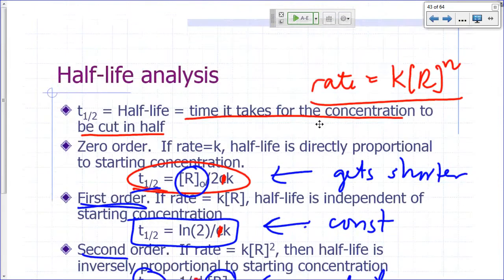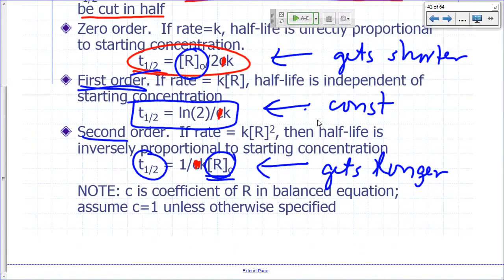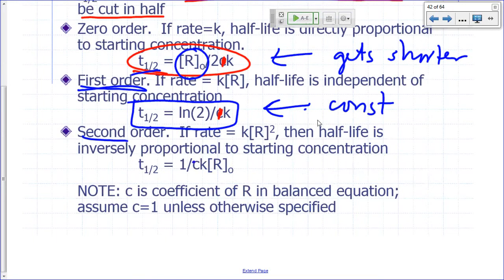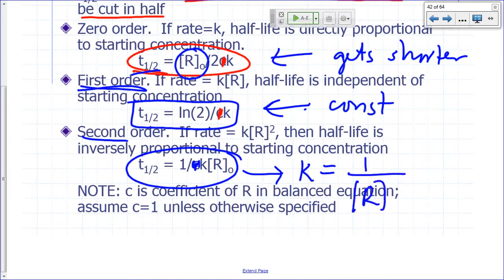Let's go back to our equation here. The rate constant, okay? And like I said, I'm just going to get rid of that C. If it's second order, from the half-life, you can get the rate constant. How do I solve for k here? k equals 1 over R naught times the half-life.